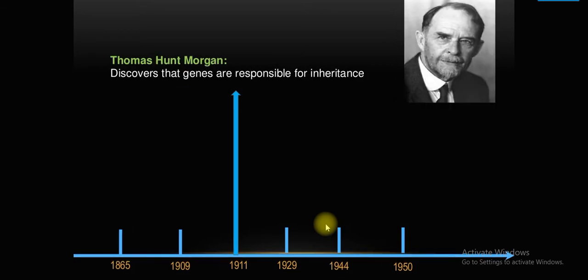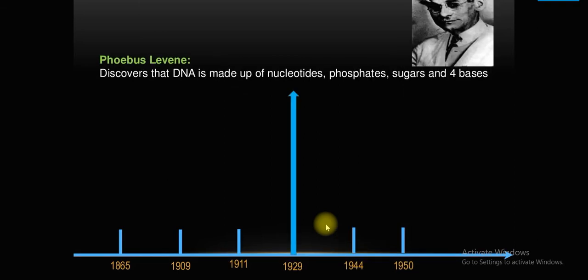Thomas Hunt Morgan discovered that genes are responsible for inheritance in 1911, and Phoebus Levene discovered that DNA is made up of nucleotides, phosphate, sugar, and four bases in 1929.